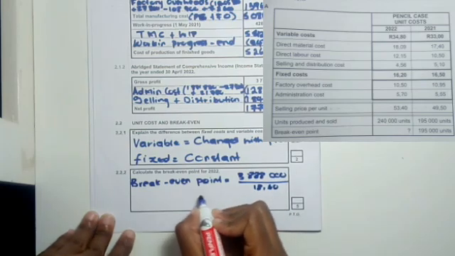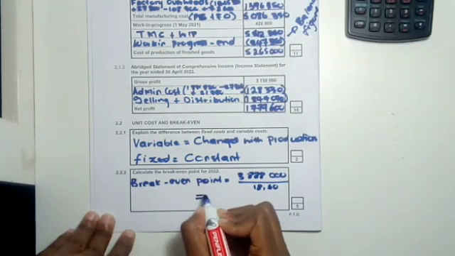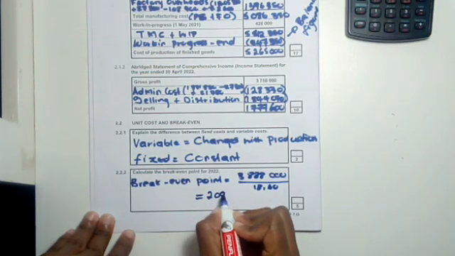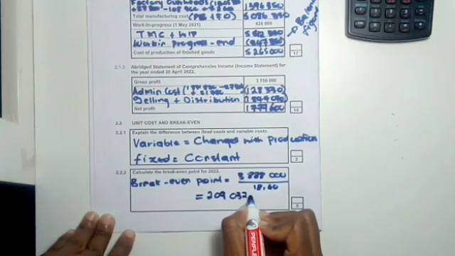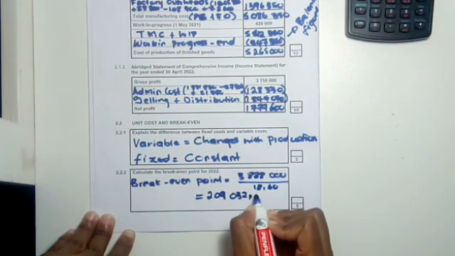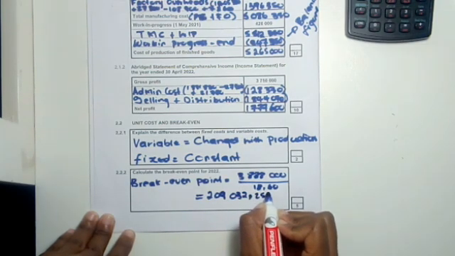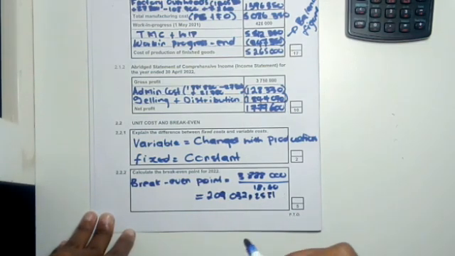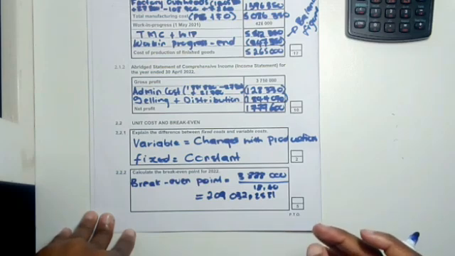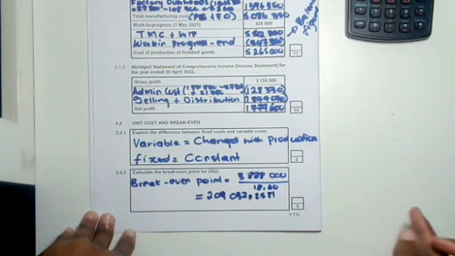Our final answer there, when you put it in your calculator, will give you 209,032.2581. So when we round off, when we're dealing with a break-even point, we are unable to produce a 0.25 unit. We have to produce a whole unit.